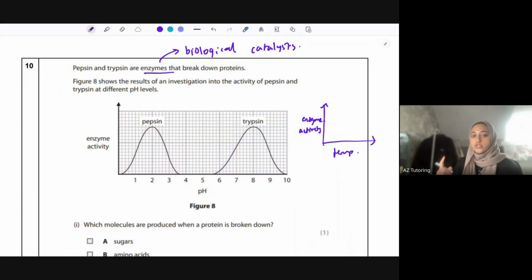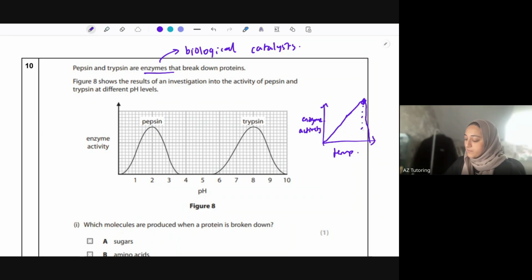You should recognize the shape of these graphs. If you increase the temperature, the enzyme activity will increase, but then eventually you'll get to a point where it just drops straight down to 0.